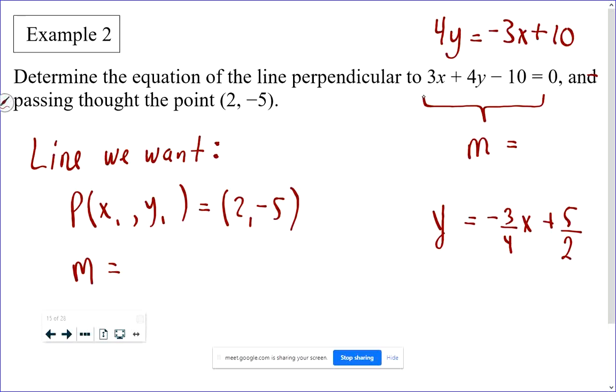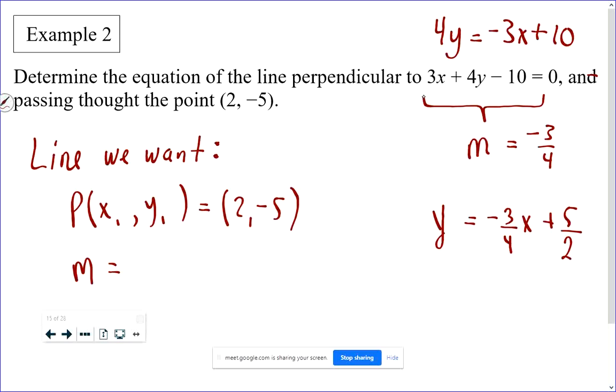What we care about is this. The slope of this line is negative 3/4. That's not the slope of the line we want to find the equation of. That is the slope of the line that the line whose equation we want is perpendicular to. And again, that's confusing.